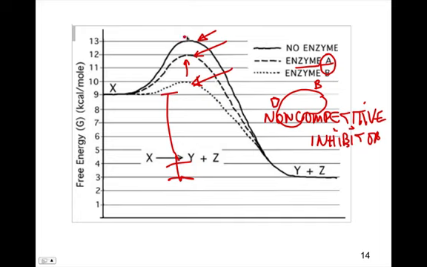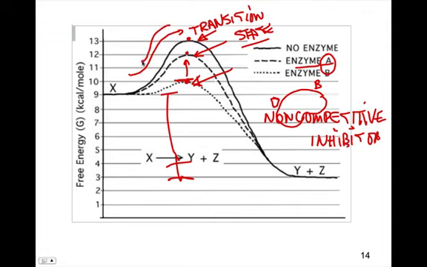Another term that's used is that at the peak, here the maximum energy, that's called the transition state. We've got to get it over the hump, we've got to get it over the transition state. We can draw pictures of what the substrate looks like at the transition state, the point of maximum instability. The substrate can go up the transition state and it might not quite get over it and it could tumble back.